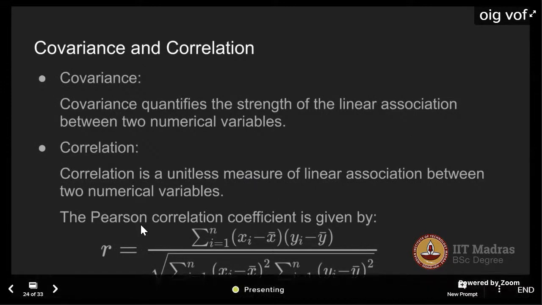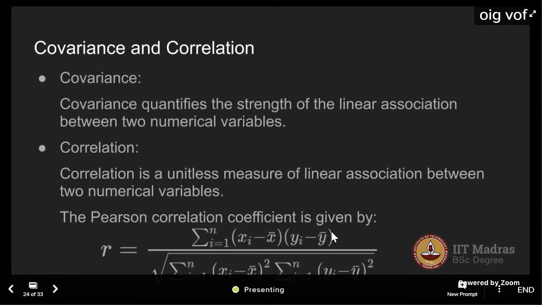The formula for Pearson's correlation coefficient is this: r is equal to this thing. If we divide both numerator and denominator by n, the number of observations, you can say it is population covariance divided by the product of both population standard deviations.